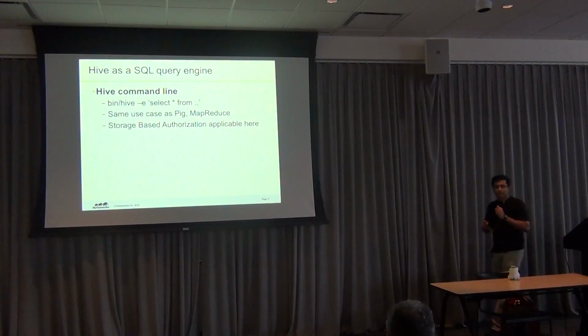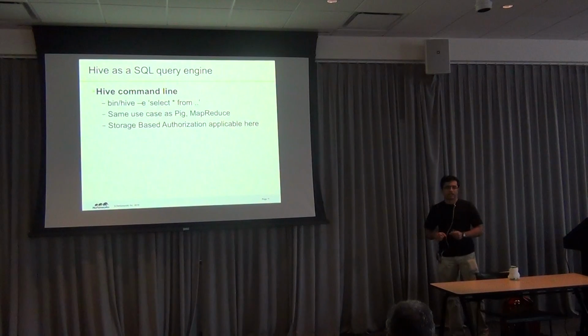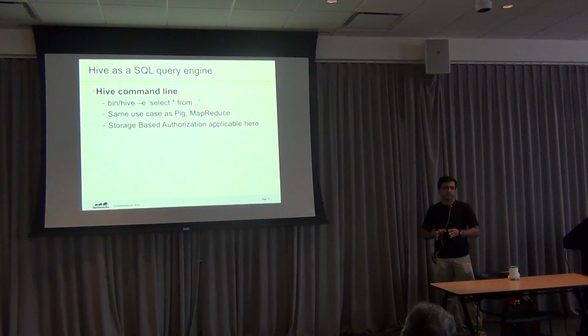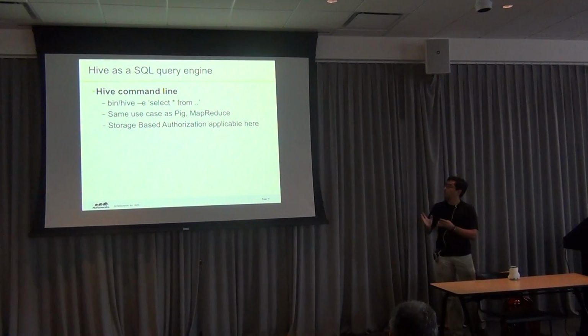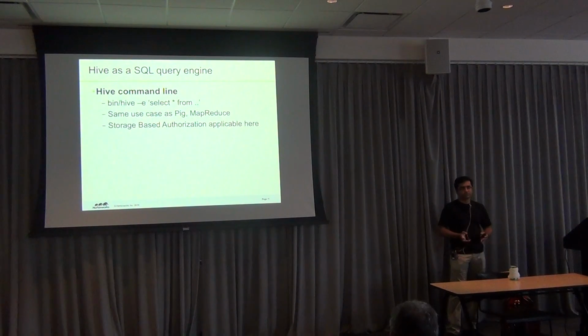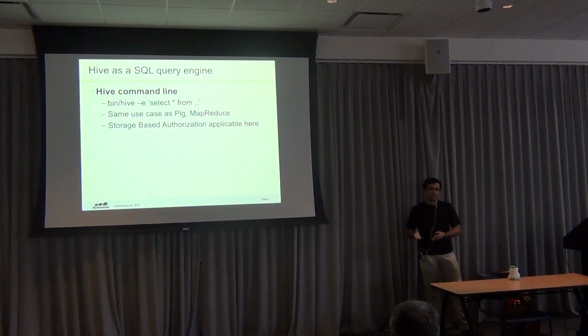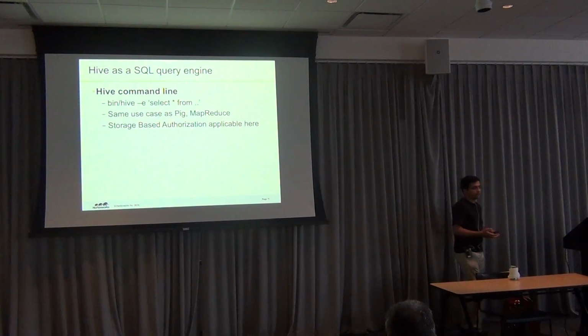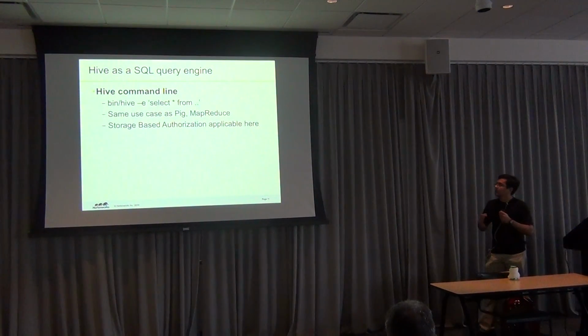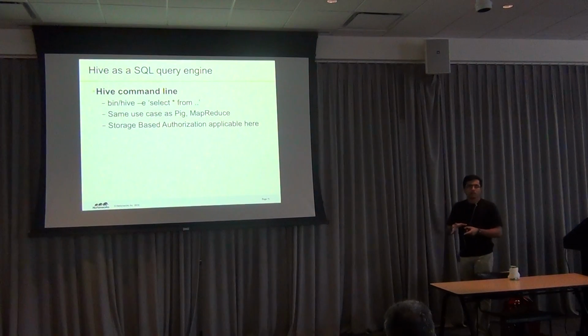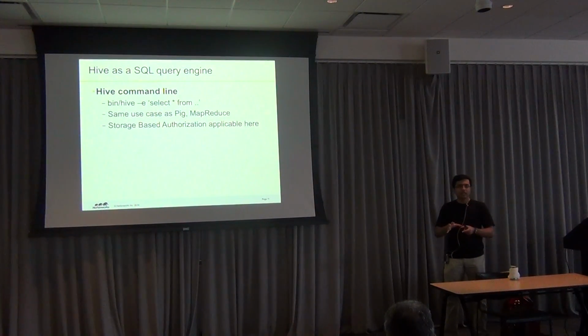Now, that was the first use case, with Hive as a table storage layer. The other common use case is Hive as a SQL query engine. One of the most common tools that people use for running SQL queries in Hive is the Hive command line. But if you look closely at the Hive command line, it's not actually any different from a Pig or MapReduce job.